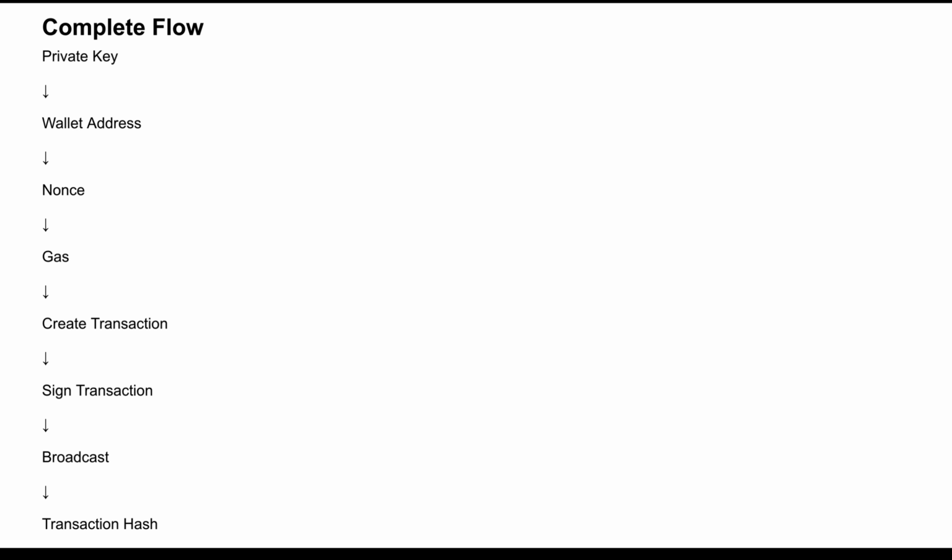When you have everything, you form a transaction, and then you sign the transaction using your private key and the chain ID to signify the network we're dealing with, right? And then after that, we broadcast it, and after broadcasting, we check the transaction hash, right?